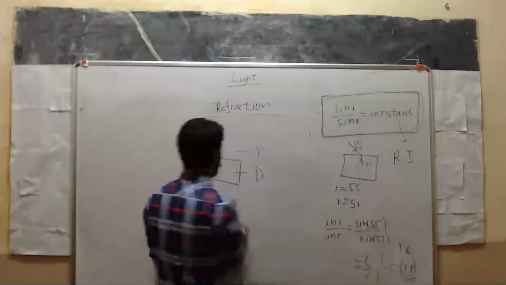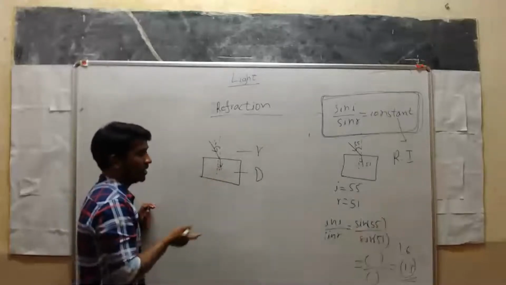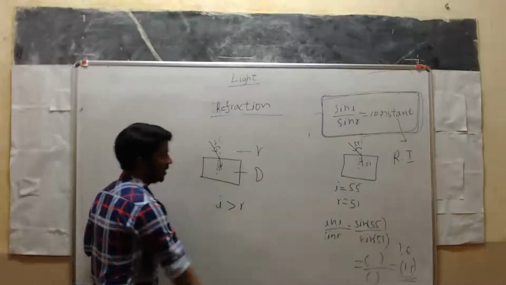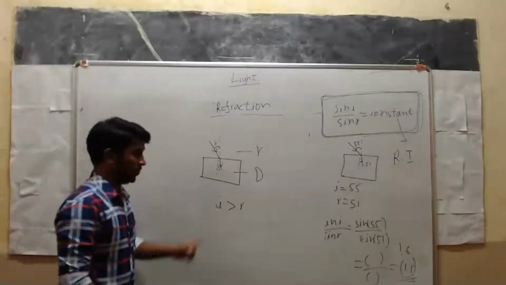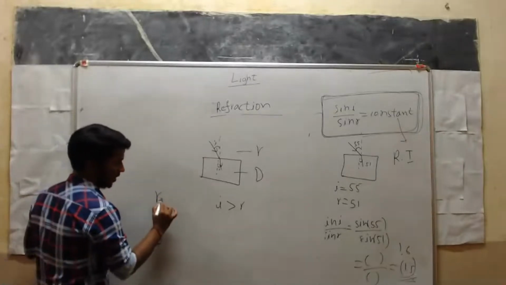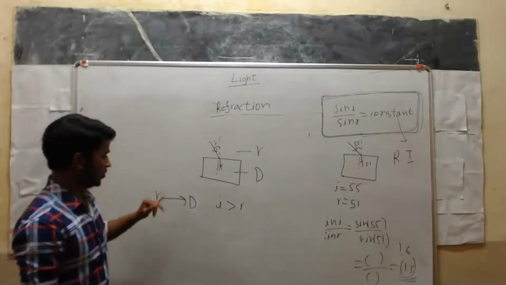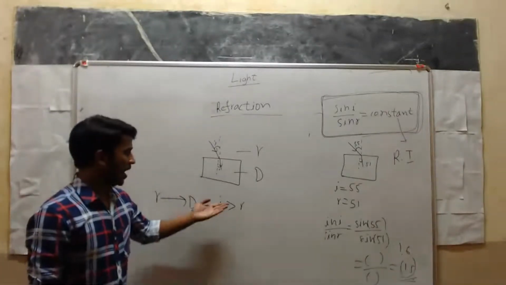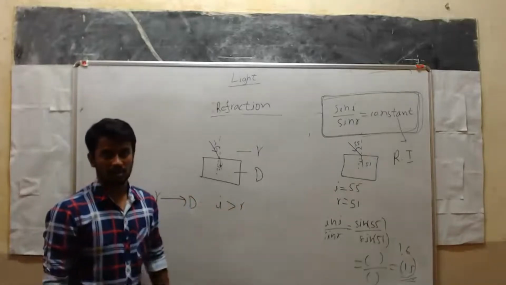So here the speed of light decreases, so that's why it bends towards the normal. In this case, the angle of incidence is greater than the angle of refraction. When you pass a ray of light from the rarer medium to the denser medium, at that time the angle of incidence is greater than the angle of refraction.